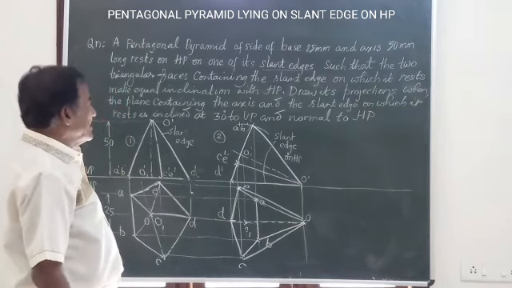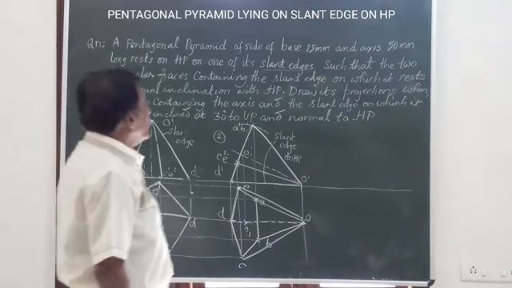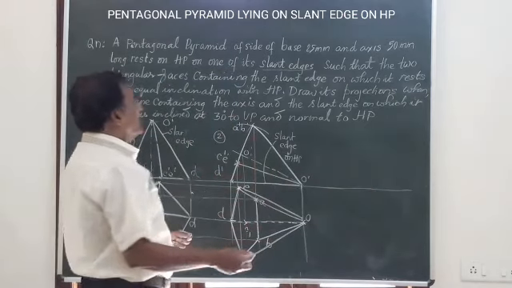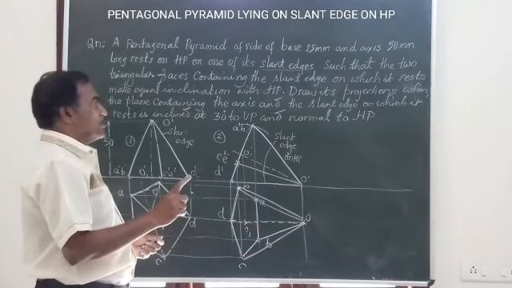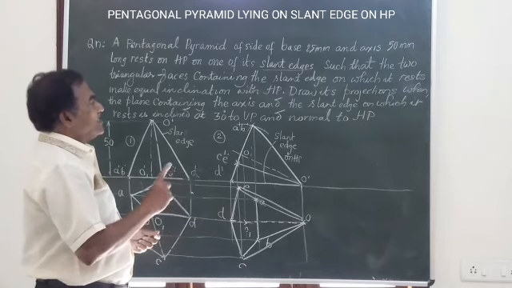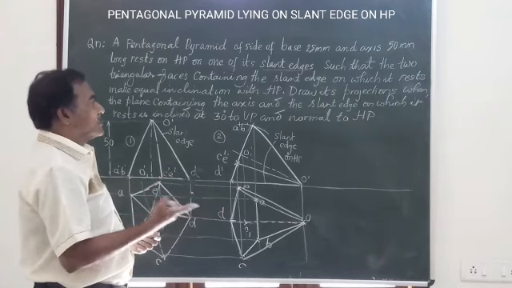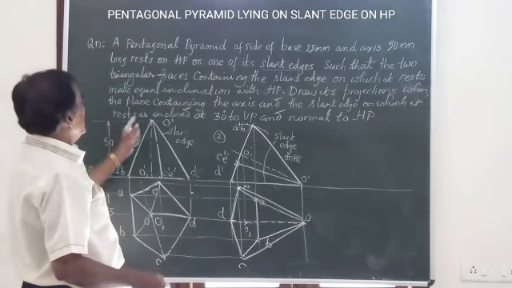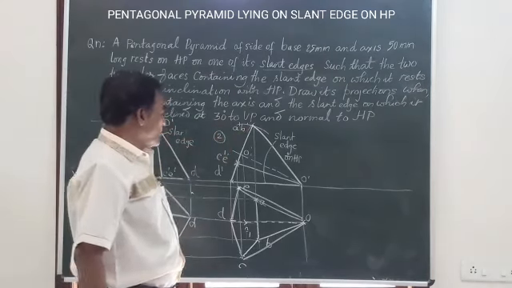And finally, there is one more condition given in the problem. He says, draw the projections when the plane containing the axis O1 and the slant edge on which it rests, slant edge is O dash D dash, is inclined at 30 degrees to VP.